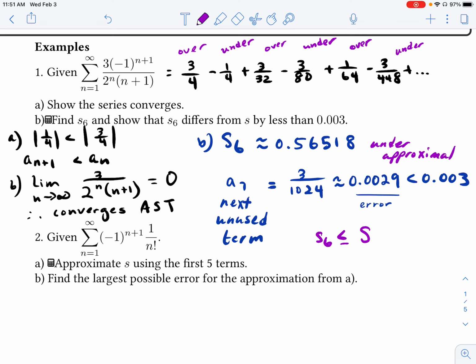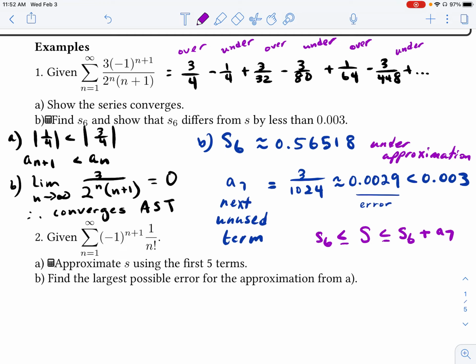But even though this partial sum is less than or equal to the sum, we know that the sum can't go beyond this amount. So if you take 0.56518 and add this error that we have, 0.0029, we're saying that our actual sum must be less than or equal to that number.